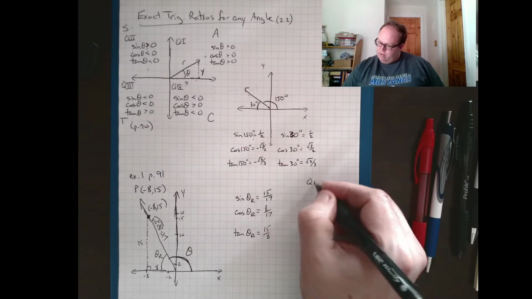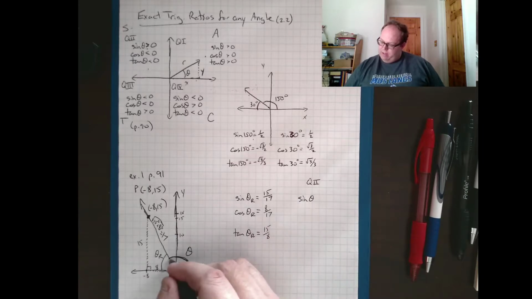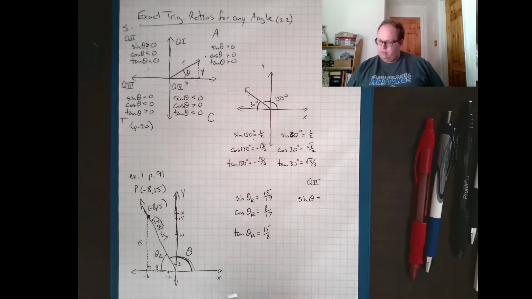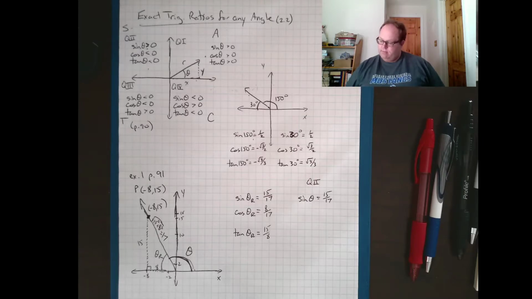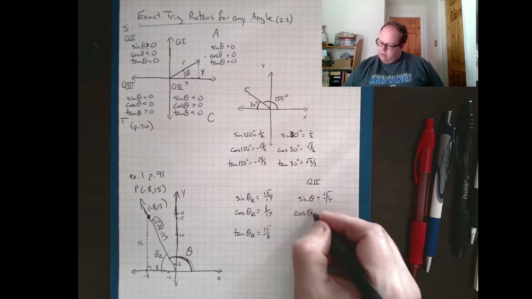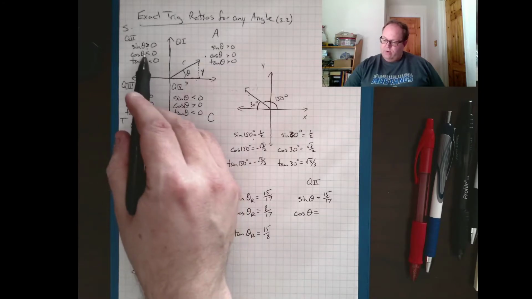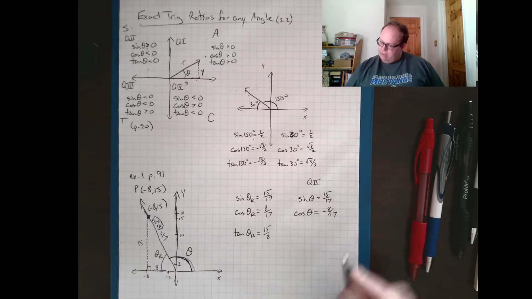Now since I'm in quadrant 2, this means the sine of my original angle should be positive in quadrant 2. So it's going to stay 15/17. The cosine of my original angle, in the second quadrant cosine should be negative, so this will be negative 8/17.